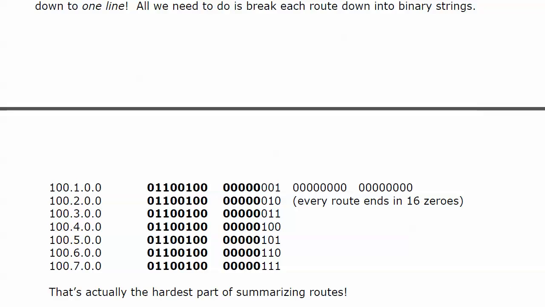But to convert it back to decimal, we know those first 8 bolded bits are 100. And we know the last 5 bits there, the first 5 bits in the second octet, I should say, are all zeros. So our value, our route, is 100.0.0.0. That's it. But we also have to have a mask. And the mask value is right in front of us as well. Now in prefix notation, what is this mask?